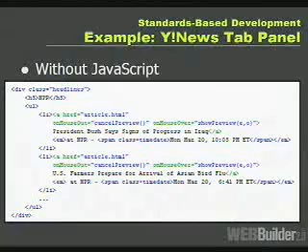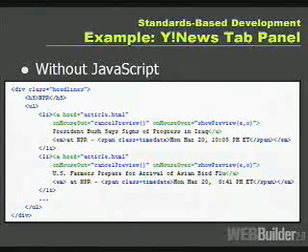Here's the same thing without JavaScript, and it's a little bit of pseudocode. I put the events in line so you can see. I'm not sure if you can see them back there or not, but so here, if you don't have JavaScript, there we go. It still points to that article. If you do have JavaScript, it shows a little preview when you hover over the link and some other kind of enhanced functionality.